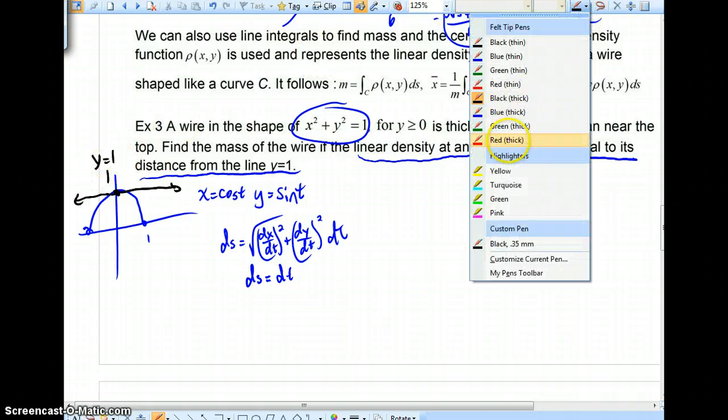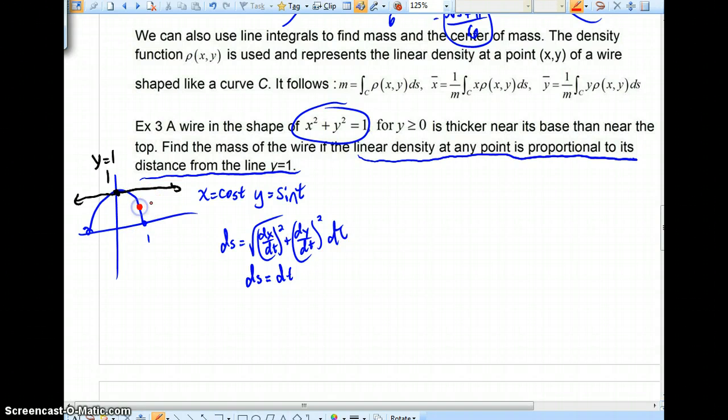Let's just say that we have an arbitrary point, like right over here on the wire, x comma y. The distance from that point to the line y equals 1 is only measured vertically. It's only measured from y equals 1 to the y coordinate. So this distance that we're seeing right here would be 1 minus y.